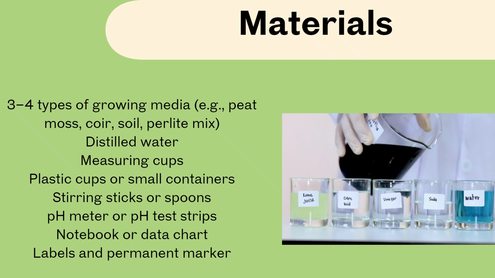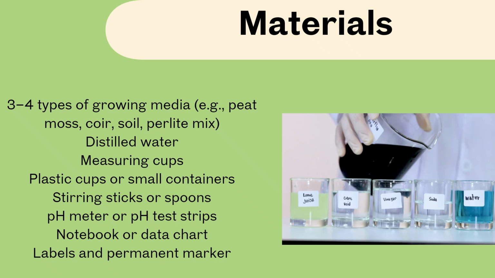We're also going to have our plastic cups or containers, depending on what you want to use, our stirring sticks or spoons, a pH meter or the pH testing strips. We're going to have our notebook or a chart and the labels and markers.